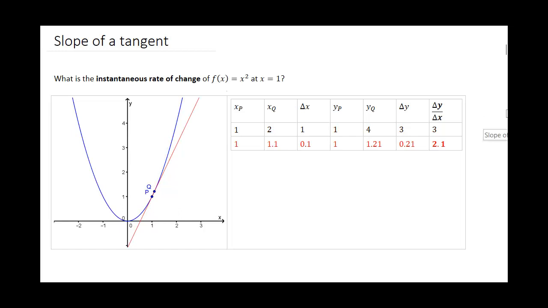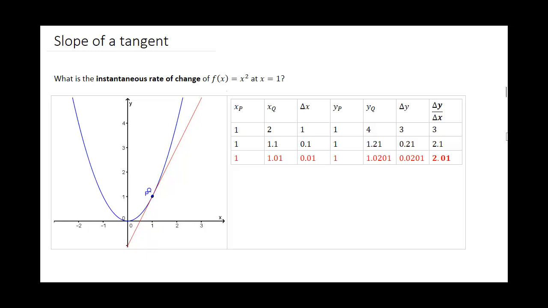Our second approximation to the slope of the tangent line is achieved by moving the point Q closer to the point P along the curve. This time we have an interval width which is reduced to 1/10 or 0.1. And our revised and better and more accurate estimate for the slope of the tangent line is now 2.1.